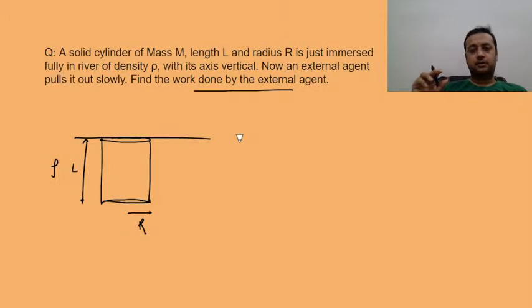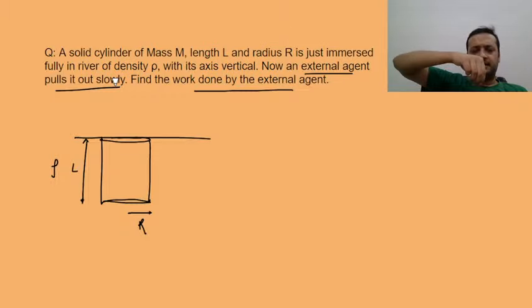Now, according to the work energy theorem, the work done by all the forces equals the change in kinetic energy. What is the final kinetic energy? 0. What is the initial kinetic energy? 0. Why? Because the external agent is always pulling out very slowly, just moving his hands at a very, very low pace, like the speed of an ant. So the kinetic energy is almost 0 at all times, and there is no change in kinetic energy.